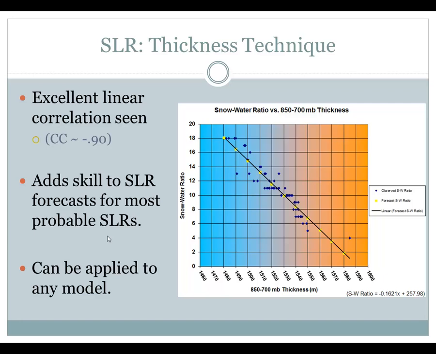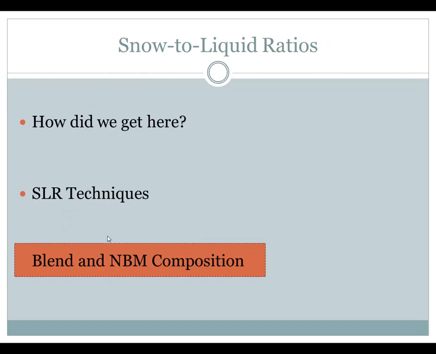One of the nice things is you don't need the detailed vertical data that we have to have for the max temperature aloft and also the Cobb data set. You don't need all this vertical sounding information. You can basically use the thickness technique and achieve some fairly good skill for snow to liquid ratio.